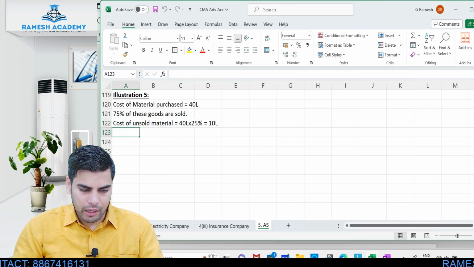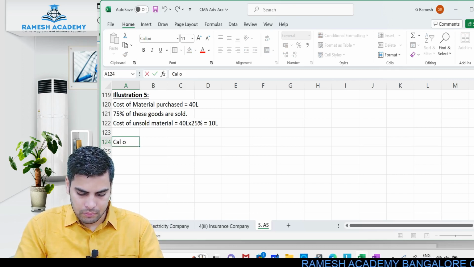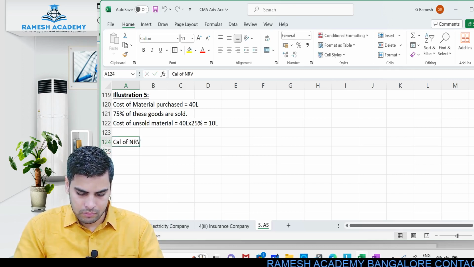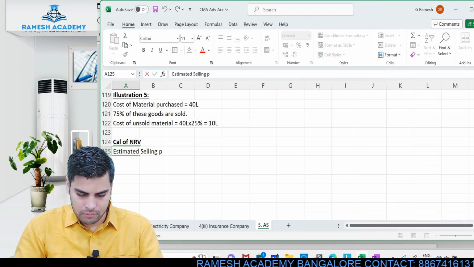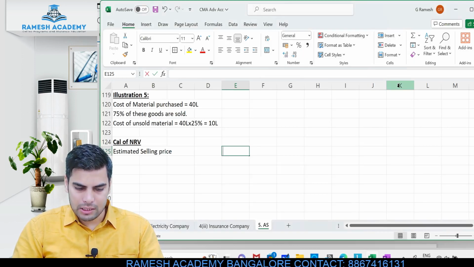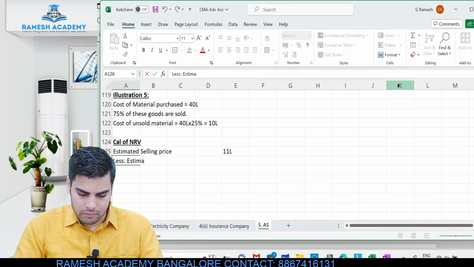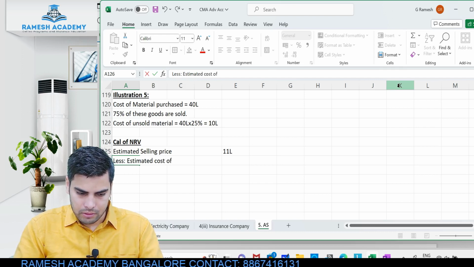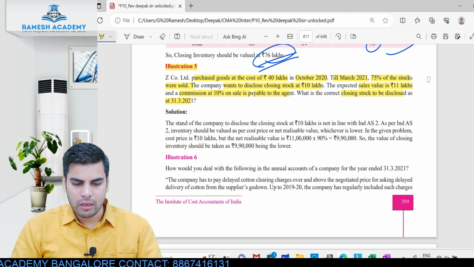Now what about net realizable value? So look at net realizable value. Calculation of NRV. Estimated selling price. So what is the estimated selling price which they have given? The expected selling price is 11 lakh rupees. So from this 11 lakh, less estimated cost of completion, and estimated other costs related to sale.